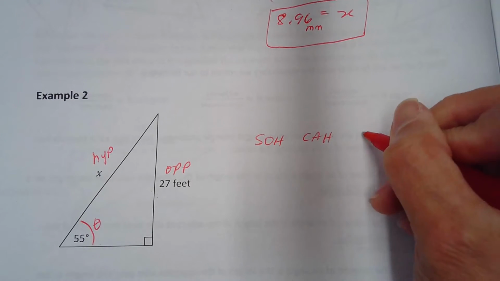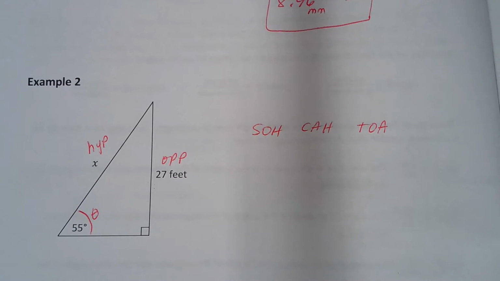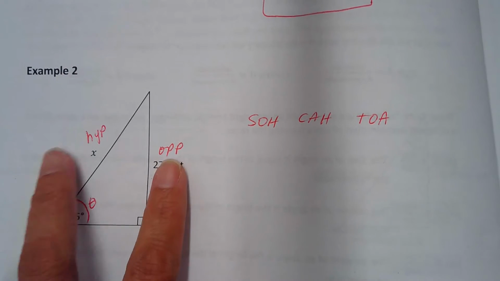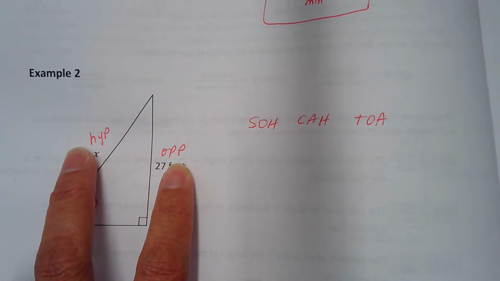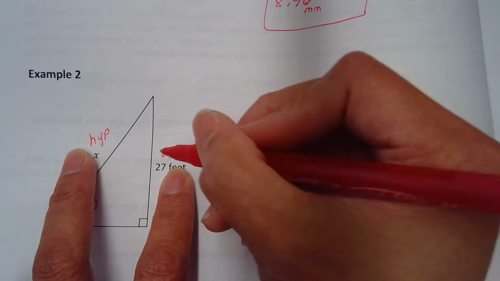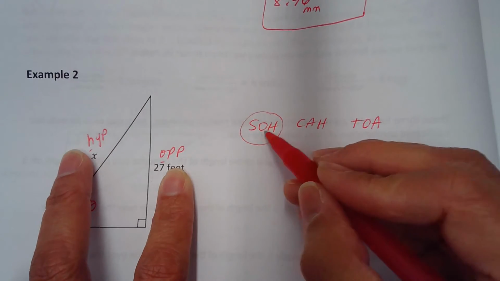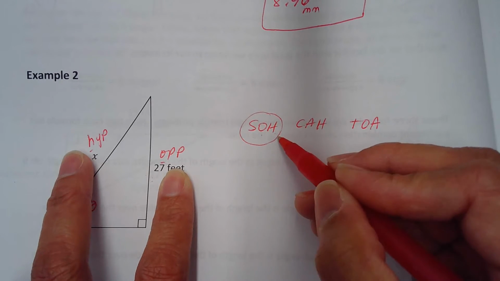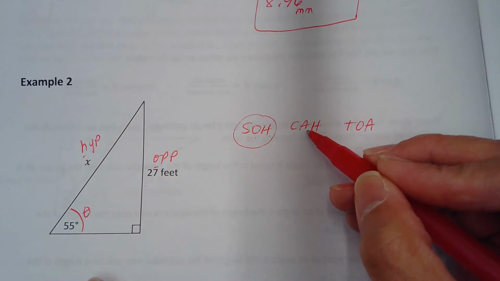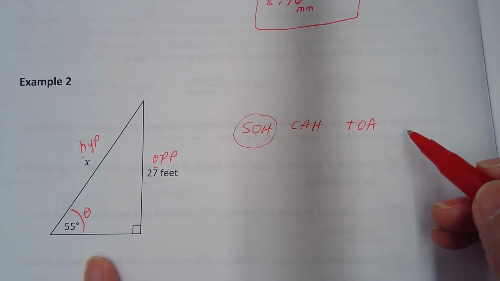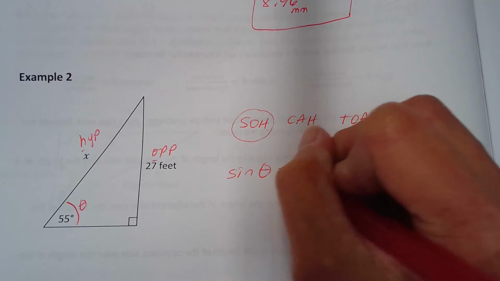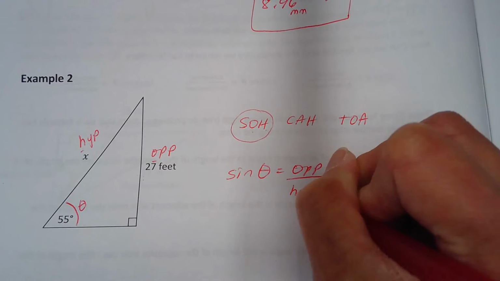So which trig ratio are we going to use, the one that has opposite and hypotenuse in it? Sine. We can't use cosine because we don't have the adjacent side. So sine theta equals opposite over hypotenuse.